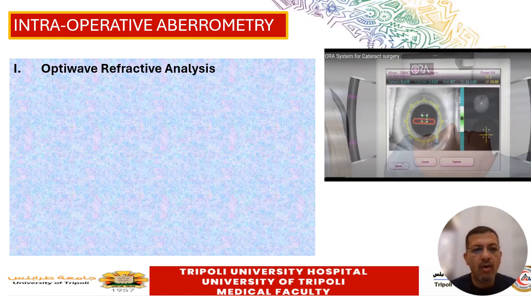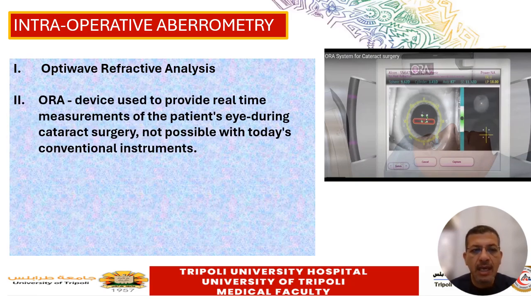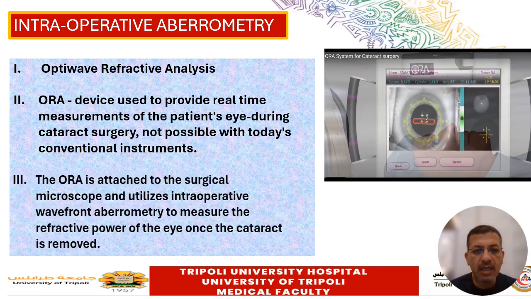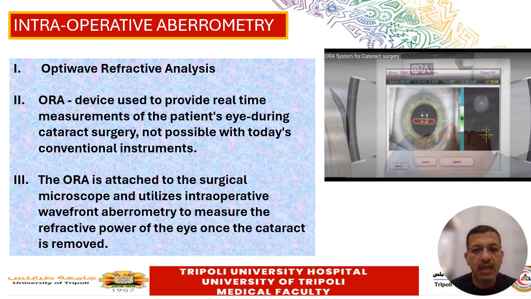Now, the ORA, or Optiwave Refractive Analysis, utilizes an intraoperative aberrometer that measures the power of the IOL inside the operating room. So this is another new technology added to the currently available methods for predicting the power of the IOL with a high degree of precision and accuracy. It is named ORA, or Optiwave Refractive Analysis.